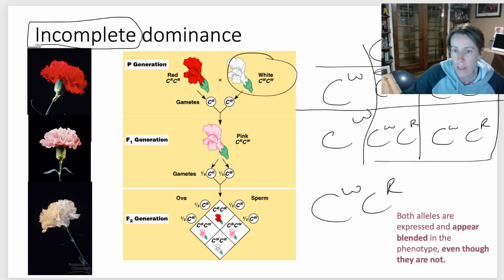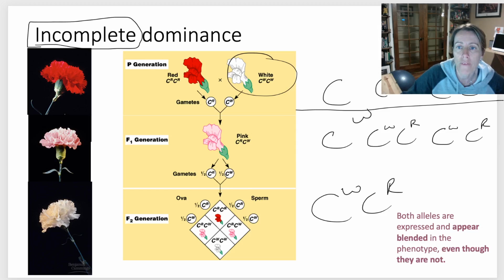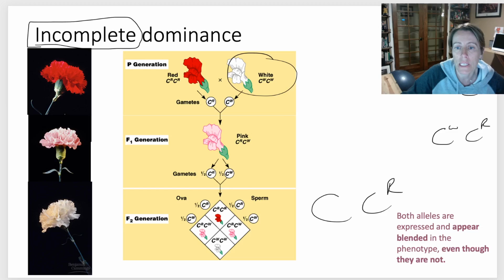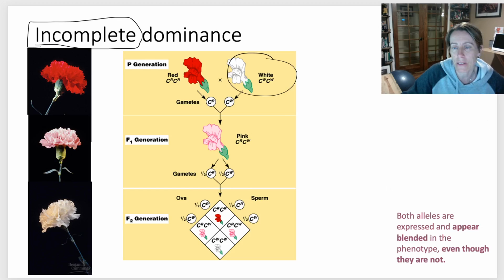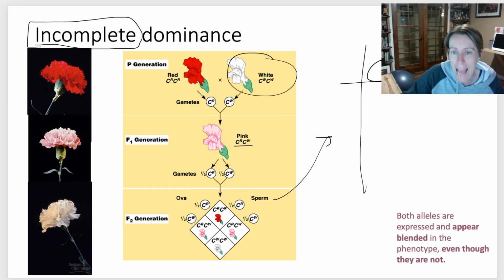So, the hallmark of incomplete dominance is that it looks like it's blended together, that the alleles have blended together in the phenotype of the heterozygote, but they haven't really. And then in this example, on this diagram here, they've done a Punnett square where they've crossed two pink flowers. So a pink mom, which would be CRCW, crossed with a pink dad, so CRCW.